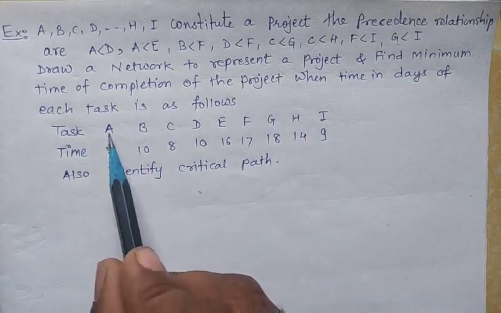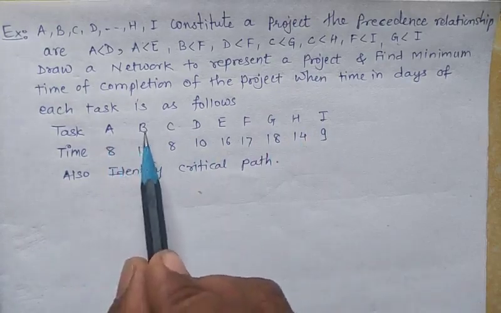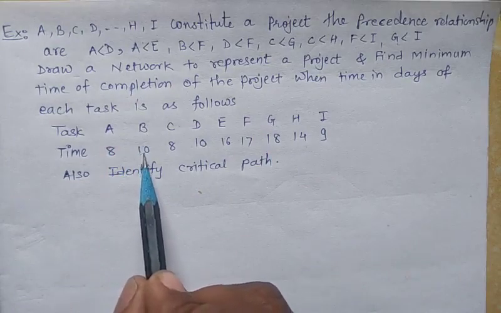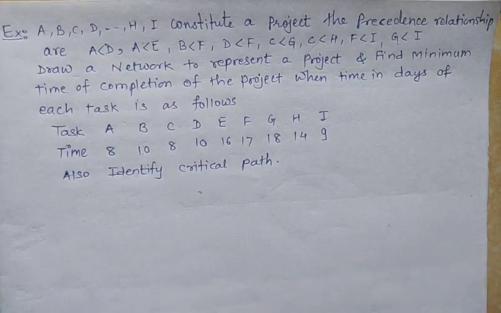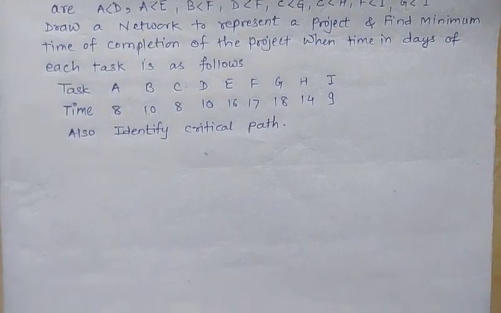For activity A we have 8 days, for activity B we have given 10 days. Similarly for each activity we have given time interval. Now to identify its critical path, first write down predecessors and successor activity, and we will draw its network diagram.